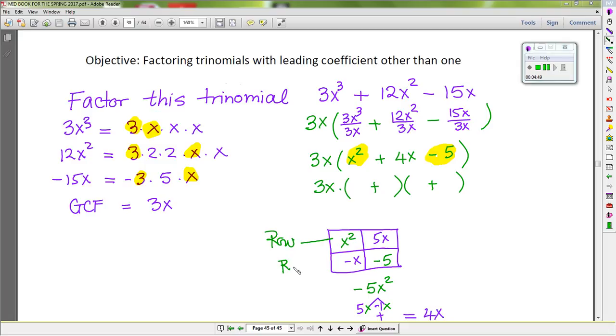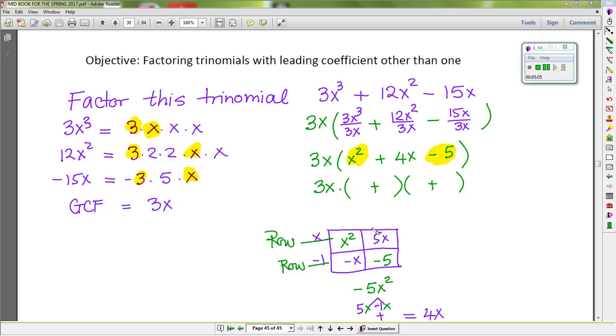Now for each row, you are going to find the greatest common factor. Let's start with row number 1. We have x squared and 5x, so the greatest common factor is x. For row number 2, we have negative x and negative 5, so they only have negative 1 as the greatest common factor.